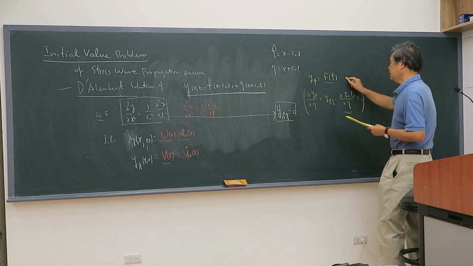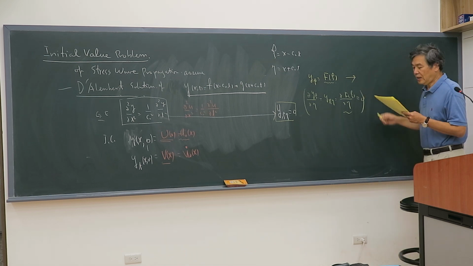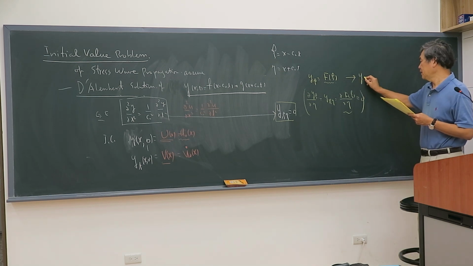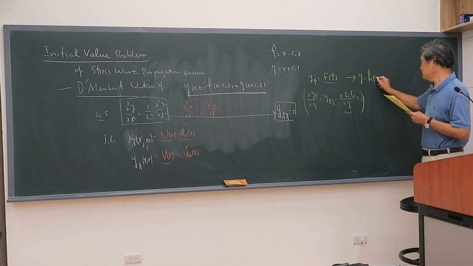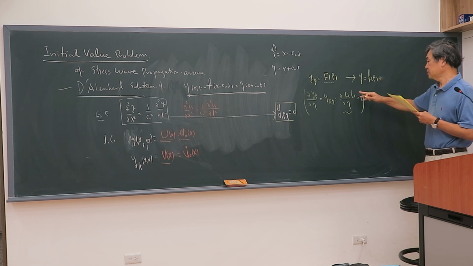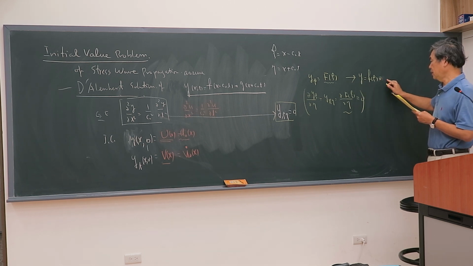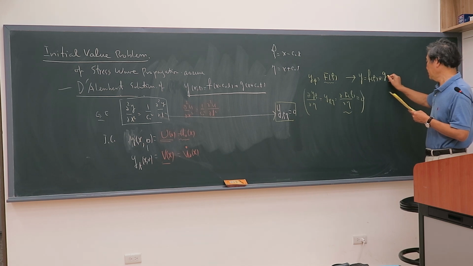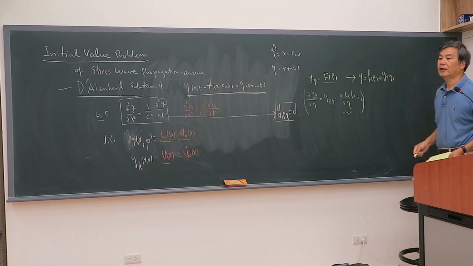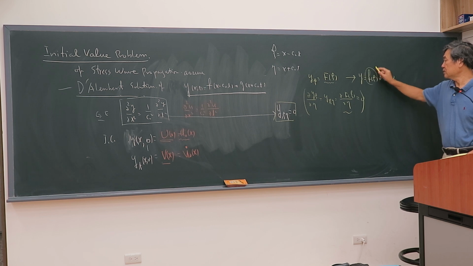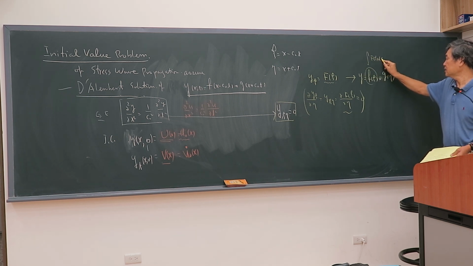Then integrate this further, I will have y as a function of xi plus the function of eta only. Okay. So this function is the integration of f prime with respect to xi.